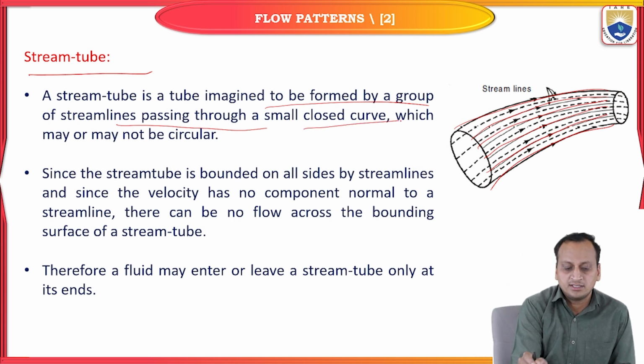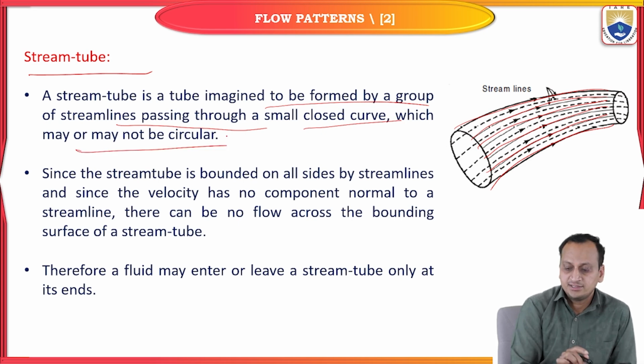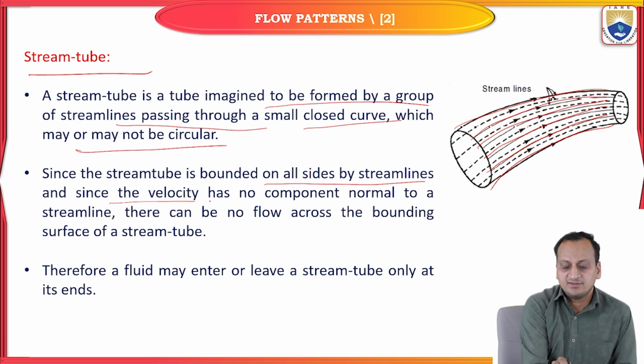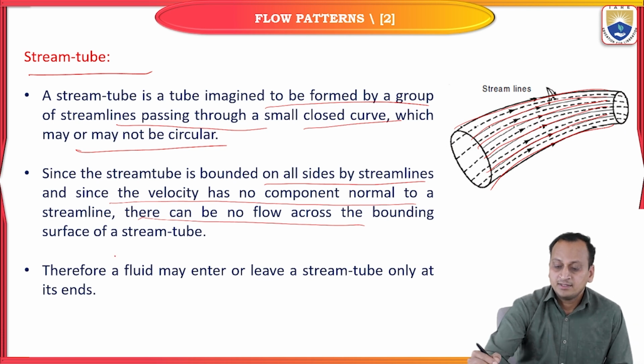It is a small closed curve which may or may not be circular. Since the stream tube is bounded on all sides by streamlines, and since the velocity has no component normal to a streamline, across the boundary there is no flow.